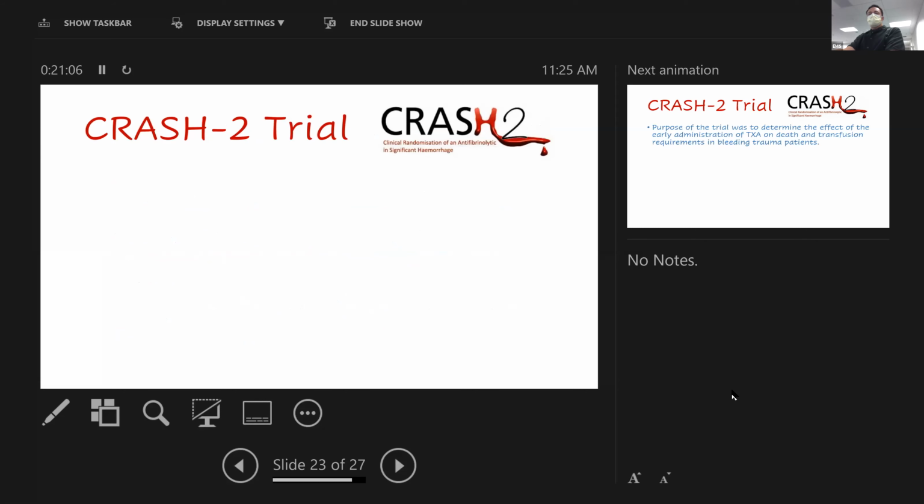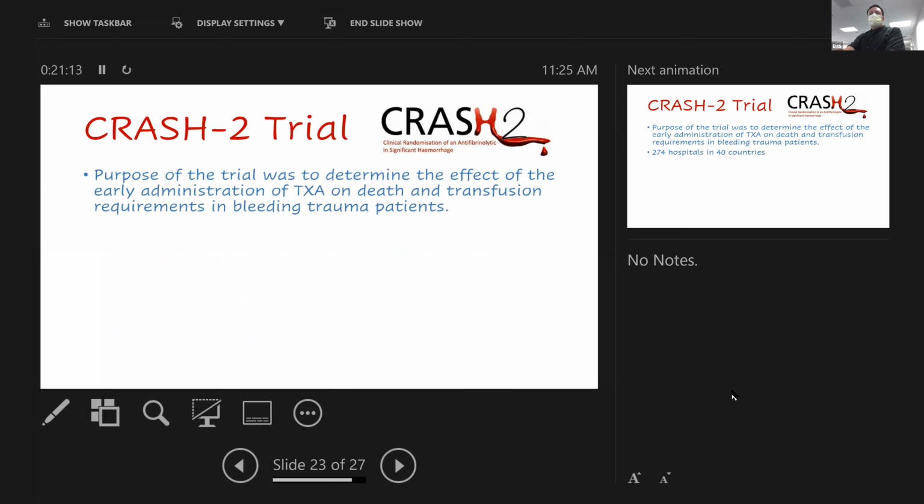Talk briefly about the study that helped bring this to the forefront of medical care for trauma. This is the CRASH-2 trial. The purpose of the trial was to determine the effect of early administration of TXA on death and transfusion requirements in bleeding trauma patients.